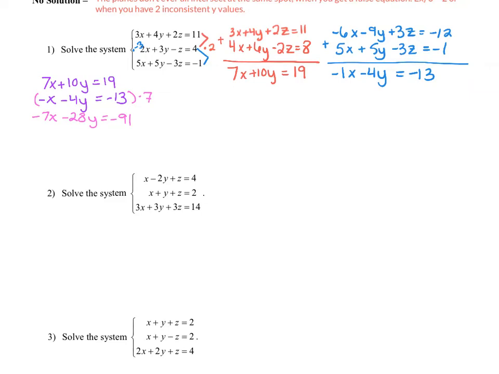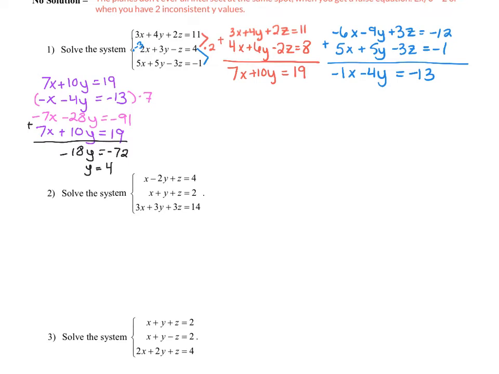And then I'm going to take that top equation and bring it down underneath. 7x plus 10y equals 19. Now, if I add these two equations together, the x's will eliminate and I'll get negative 18y equals negative 72. So y will equal 4.